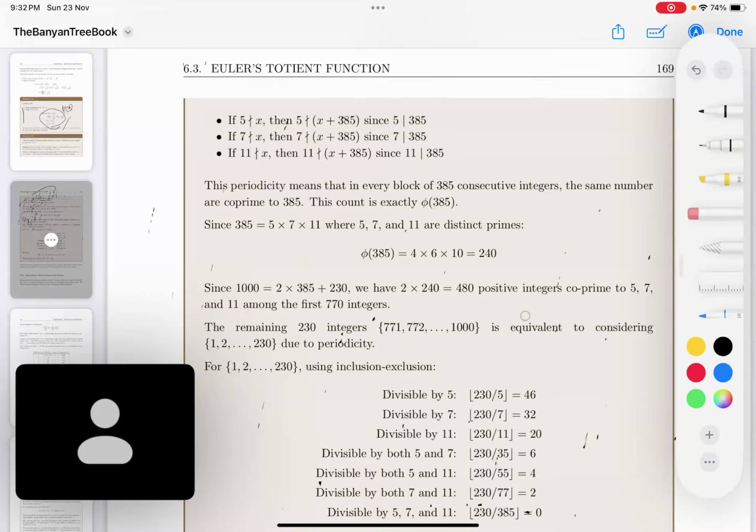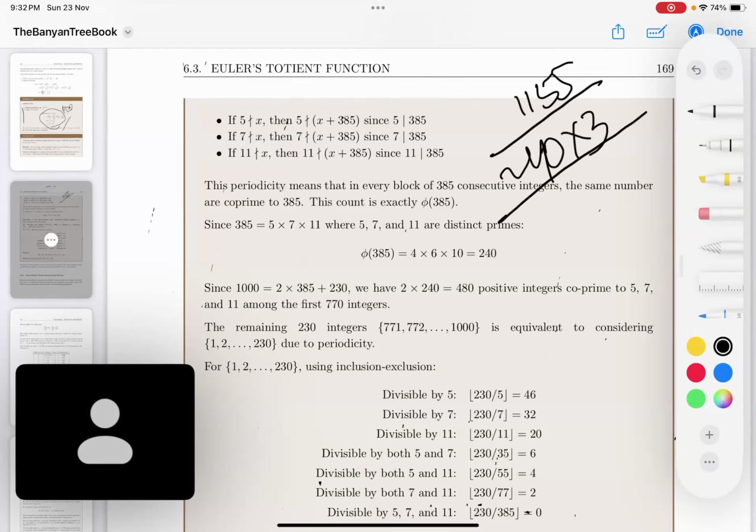Clear? Yes, sir. So this is an important property. The idea is that using it we can calculate that 1155 has 240 times 3 coprimes.